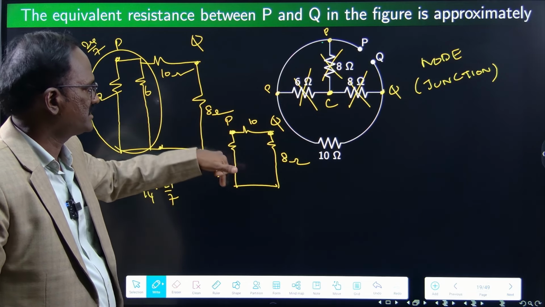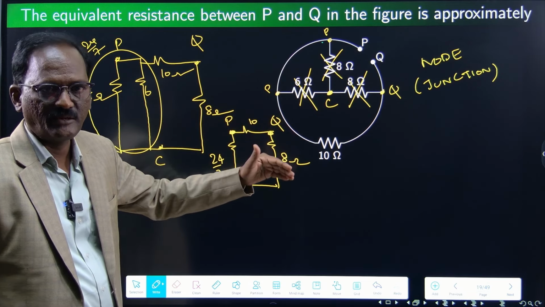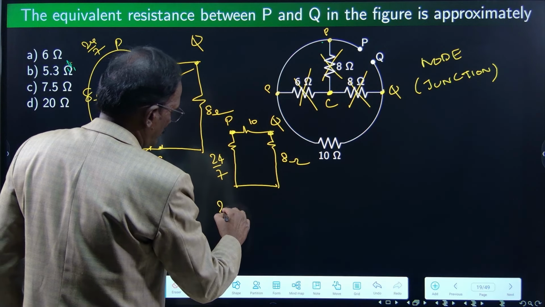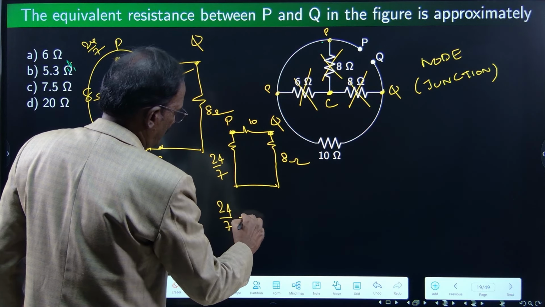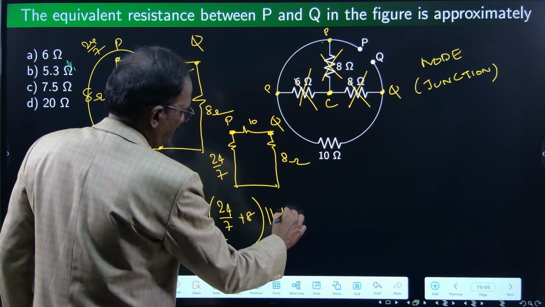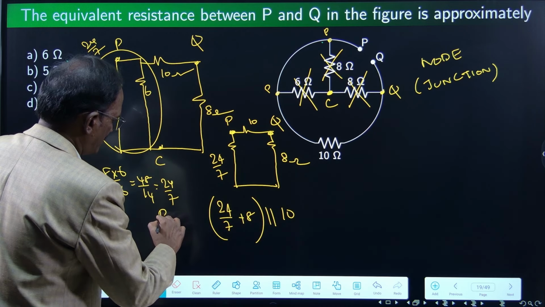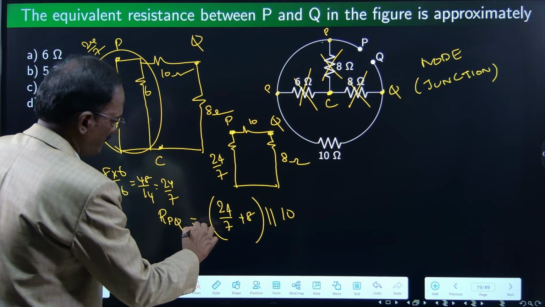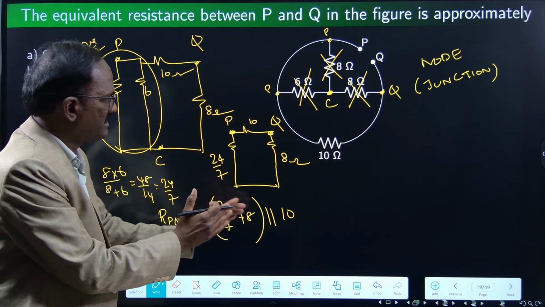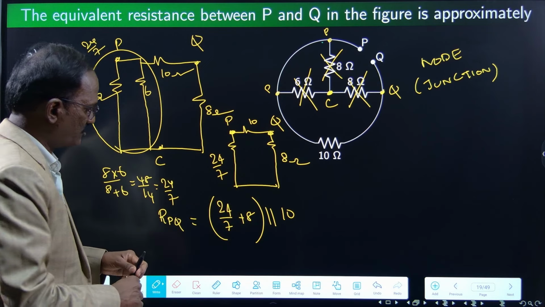So these two are in series and the 10 ohm is coming in parallel, right? So in series, 24 by 7 plus 8, then it is in parallel with 10. That will be the answer, RPQ. 24 by 7 plus 8, then this single resistance will be coming in parallel with this 10 ohms.